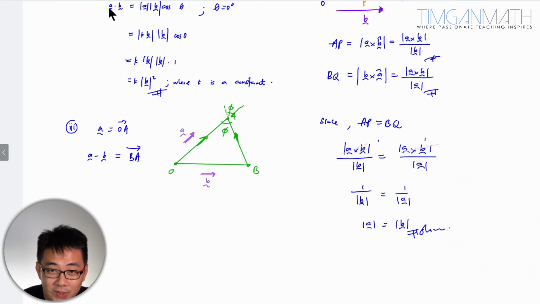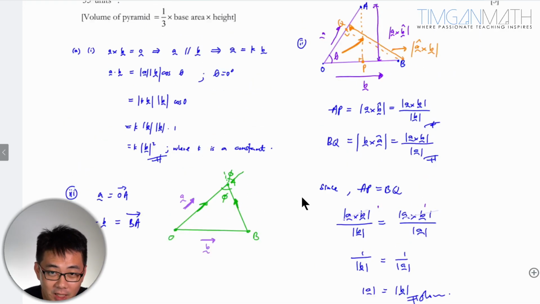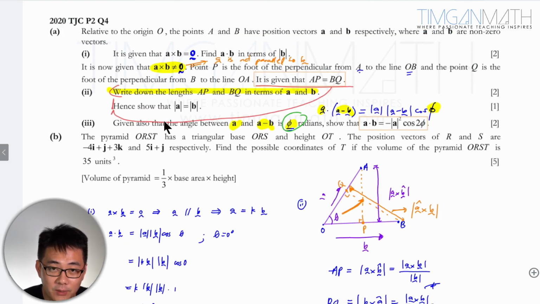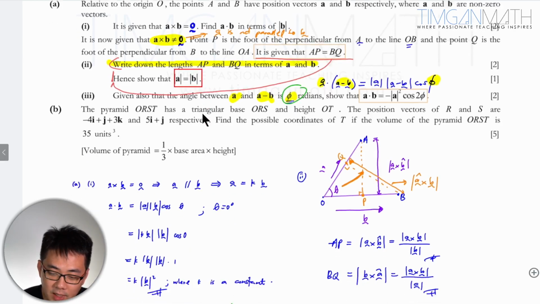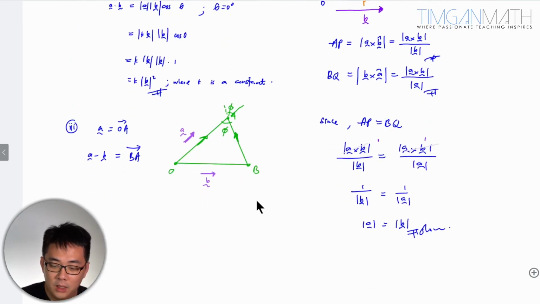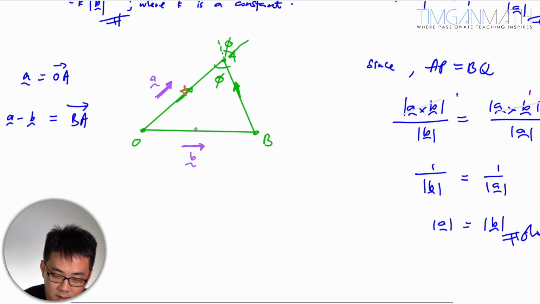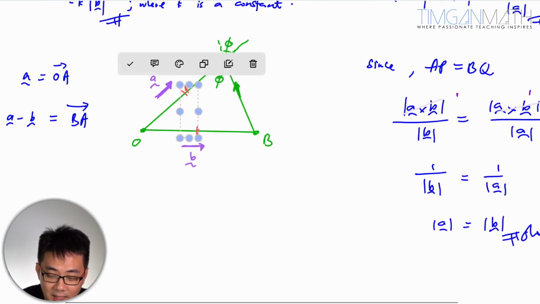Once you do the drawing already, the next thing is to try and solve it geometrically, because you see mod A equals mod B here. This is a goldmine, because if I draw this triangle out, mod A equals mod B, instantaneously I know this is an isosceles triangle, because the lengths are the same.